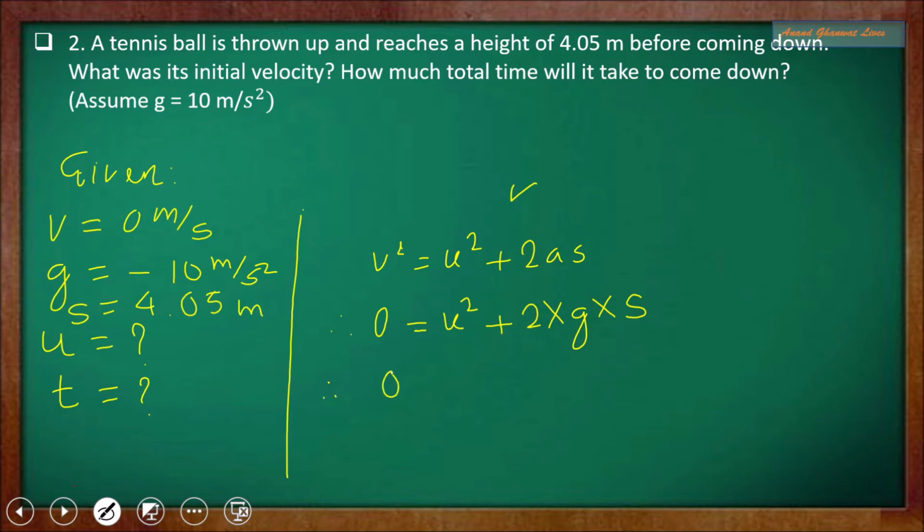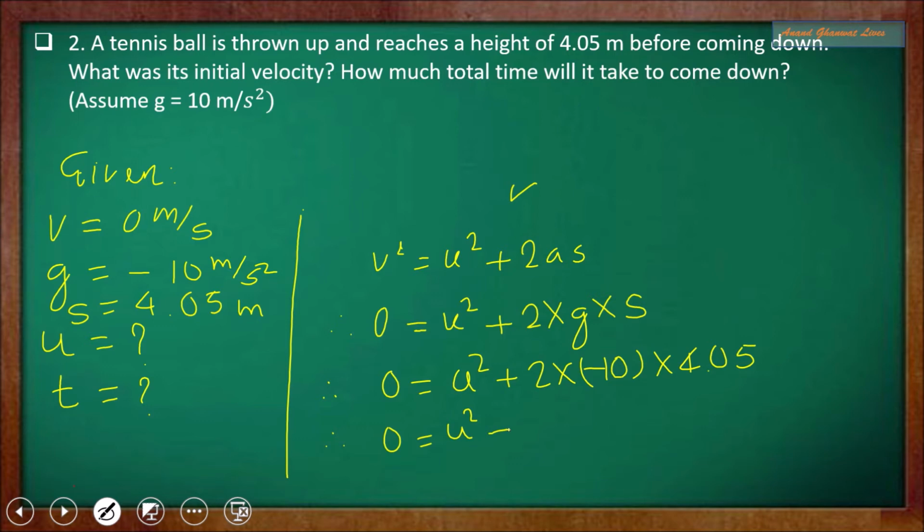Therefore 0 is equal to u square plus 2 into negative 10 into 4.05. Therefore 0 is equal to u square minus 2 into 10 into 4.05. Do the calculation.